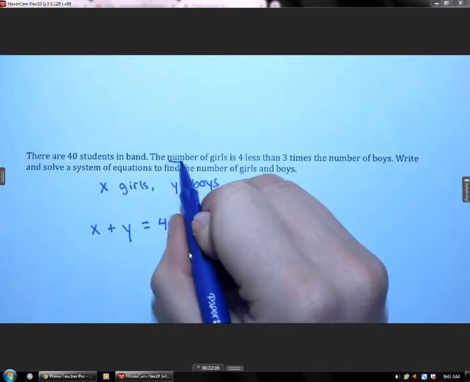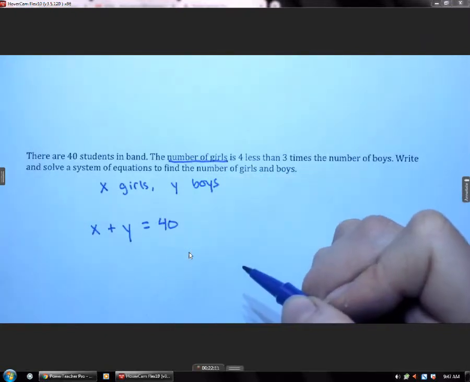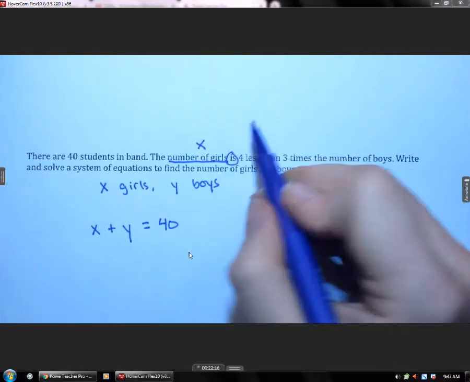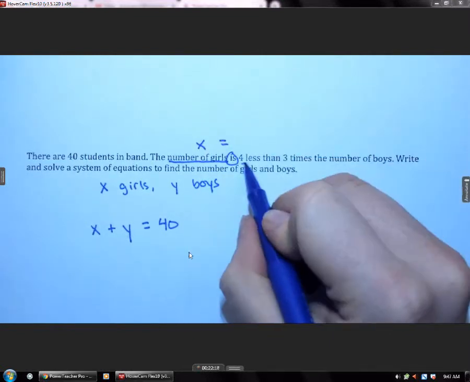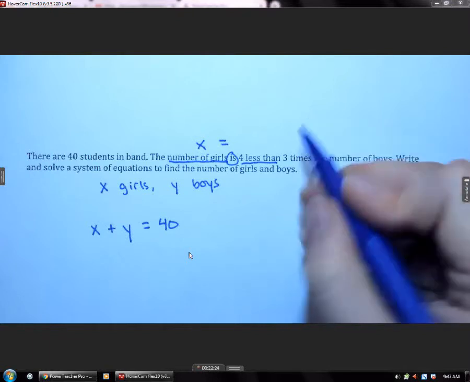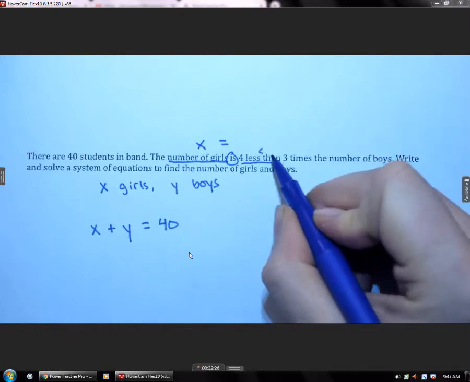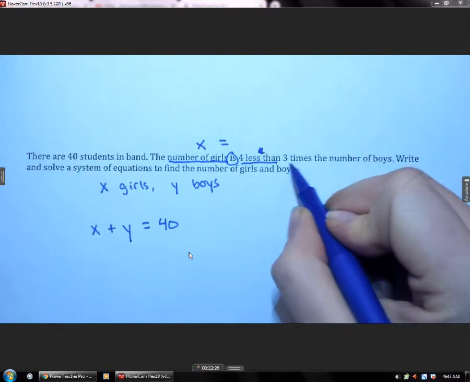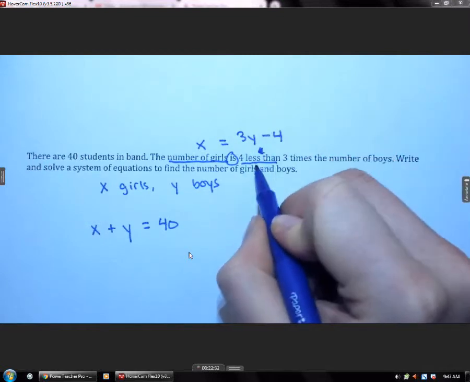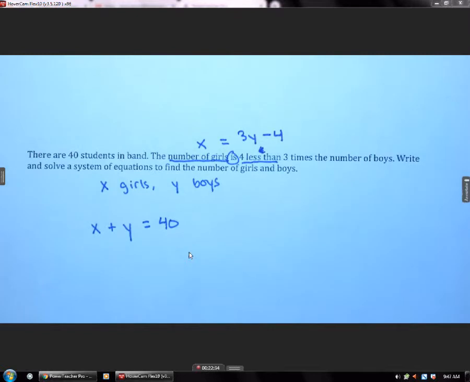The number of girls, what are we using for girls? x. Is, what does is mean? Equals 4 less than, remember that less than was the weird one? Not like a less than symbol, but like a subtraction. 3 times the number of boys. So it actually would be 3y minus 4. The less than is that one that reverses the order.